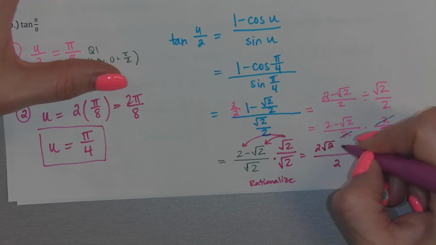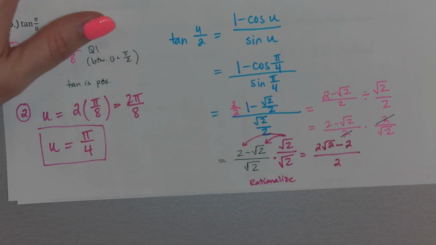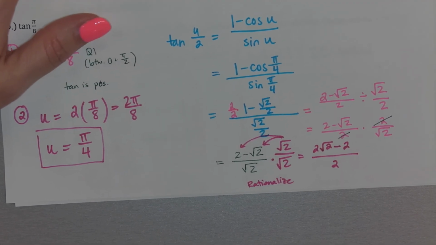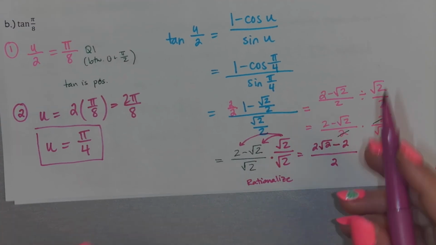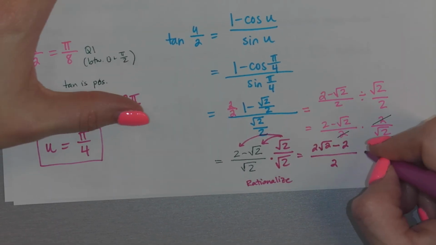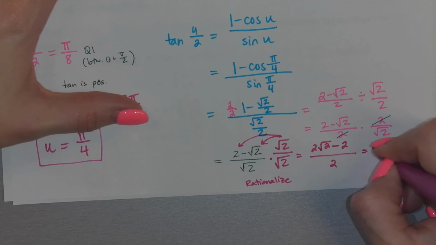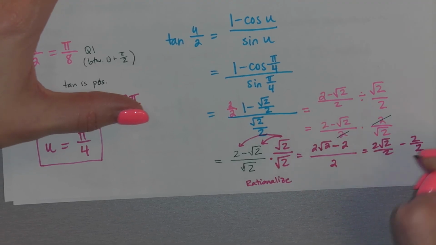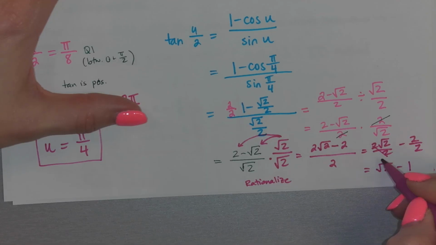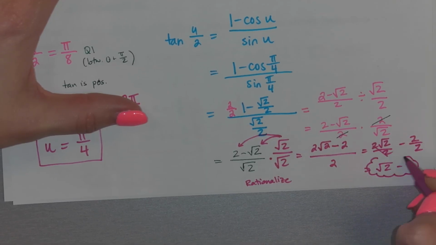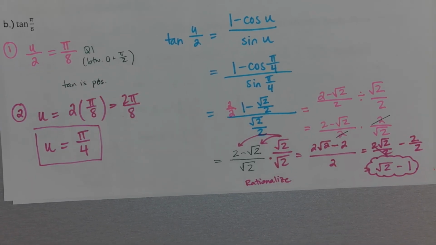Yeah. You said minus. Oh, yep, so it'll be the negative there. And then you can divide both of these by 2. So we're going to do one more step. So those will cancel. You'll have root 2 minus 1, or negative 1 plus root 2.